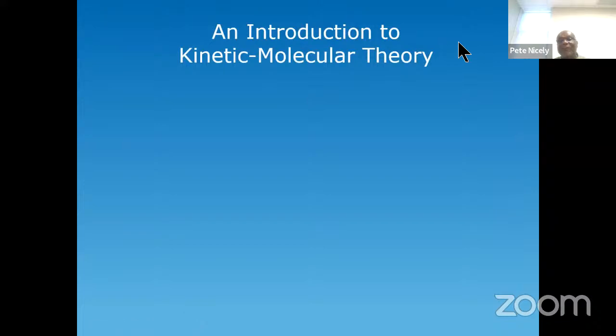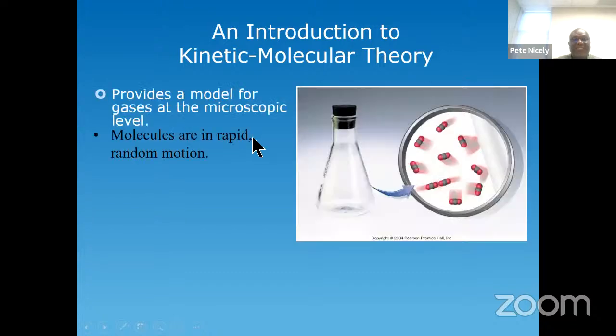So in order for us to understand how gases behave, we have to come up with a model that explains the behavior of gases at the microscopic level. And the model that we have now adopted, accepted, to explain these observations would be the kinetic molecular theory, all right? And basically, we touched on it before.